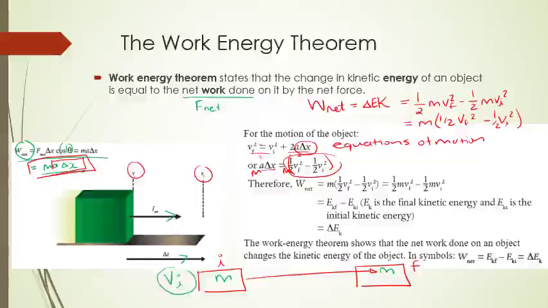We can have our initial velocity be faster or slower than our final velocity. It doesn't matter. But if this object is moving, it has kinetic energy, and if this object is moving, it has kinetic energy. And the change in this kinetic energy must therefore equal the net work done on that system. I hope you understood that. Let's move on.